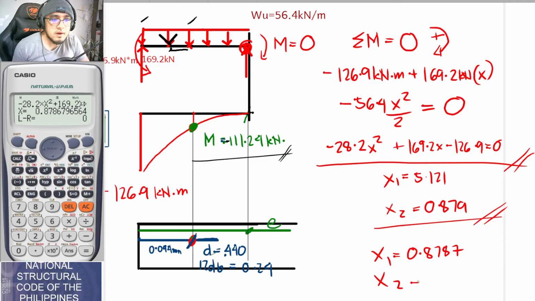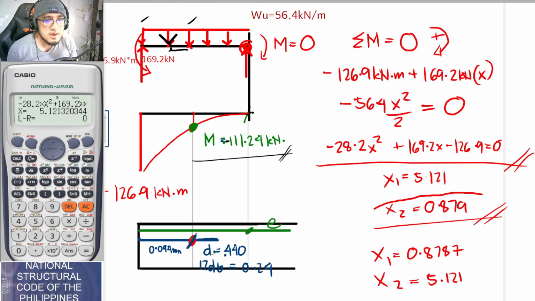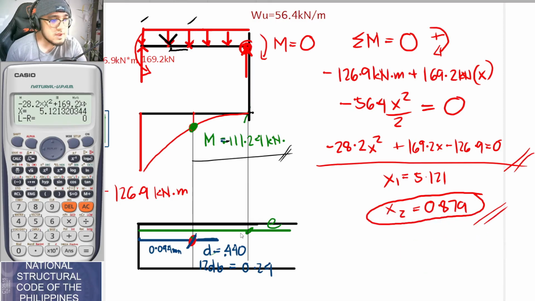And for the other answer, shift solve once again and try to type a higher number, let's say 1,000 or let's say 10. So our answer is to be 5.121. But, ayun. So once again, our answer here is to be 0.879 meters.